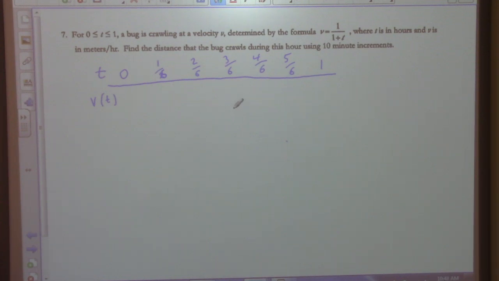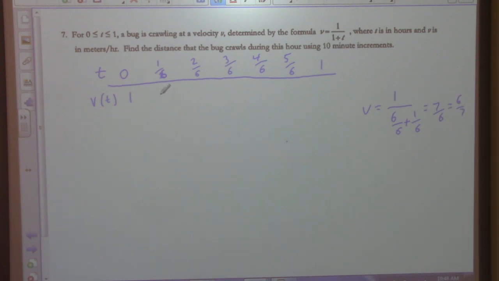And so now, if we plug in 0, what do we get? 1/1, right? So that's going to be our velocity there. And if we plug in 1/6, we get v equals 1 over 6/6 plus 1/6, which is 7/6. And then 1 divided by 7/6 is going to be 6/7.